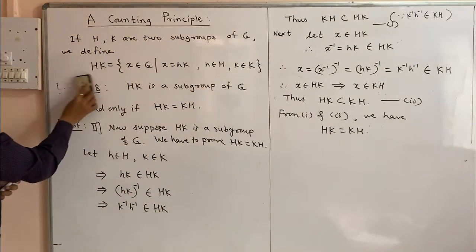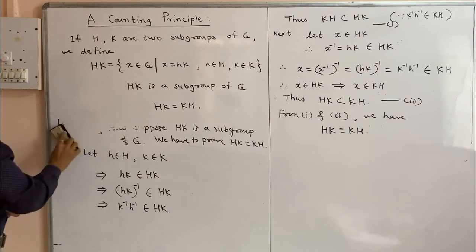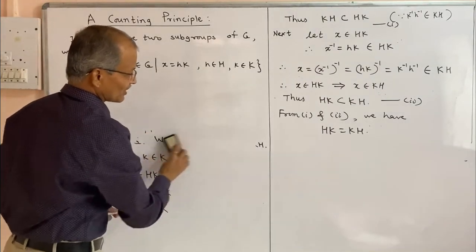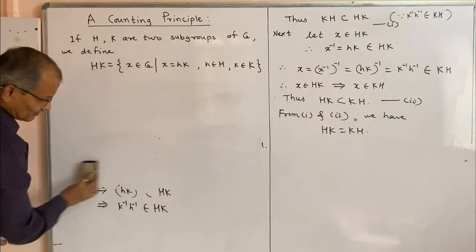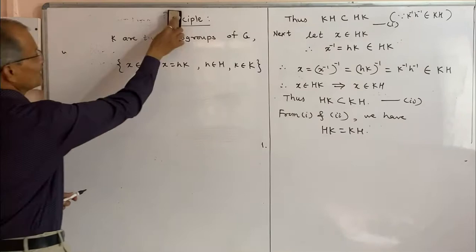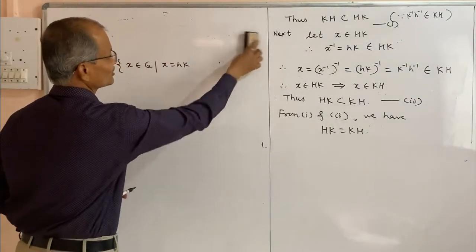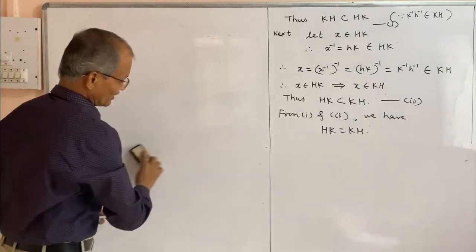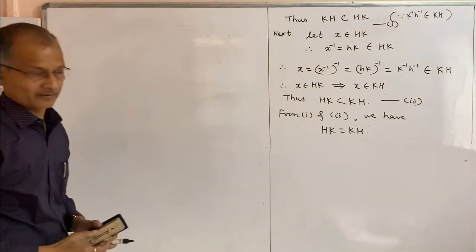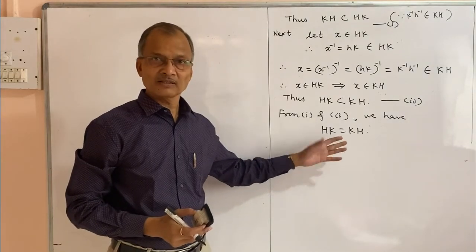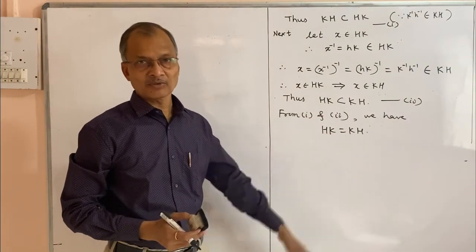So if H and K are abelian subgroups, then HK is always a subgroup of G, because if the two groups are abelian, then HK is equal to KH always holds. When this result needs to be proved, it is not given that they are abelian. So if the two subgroups H and K are abelian, then this always holds and HK always becomes a subgroup of G.